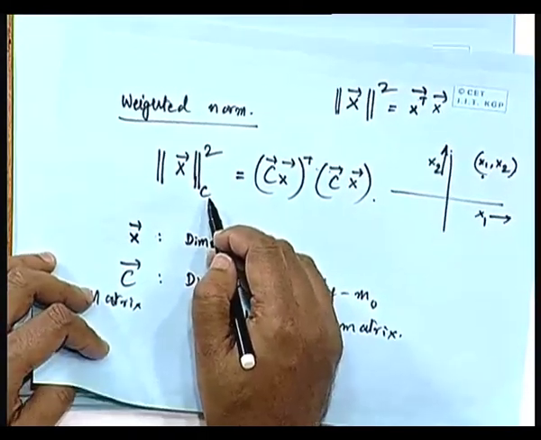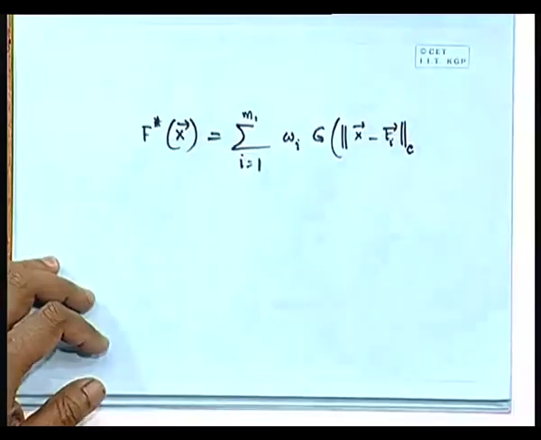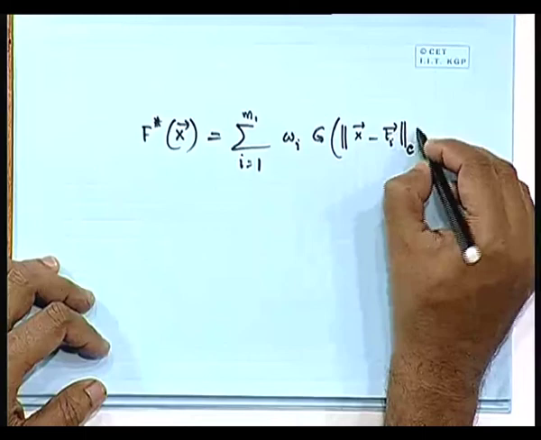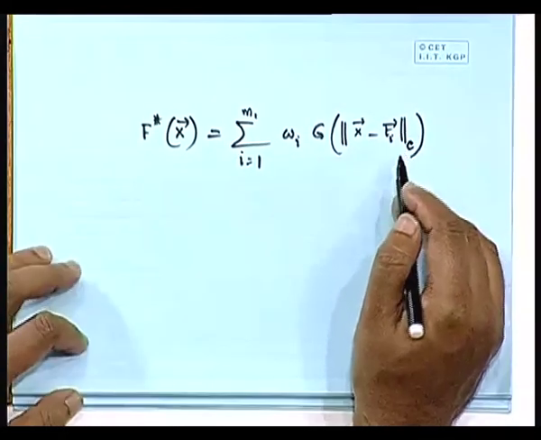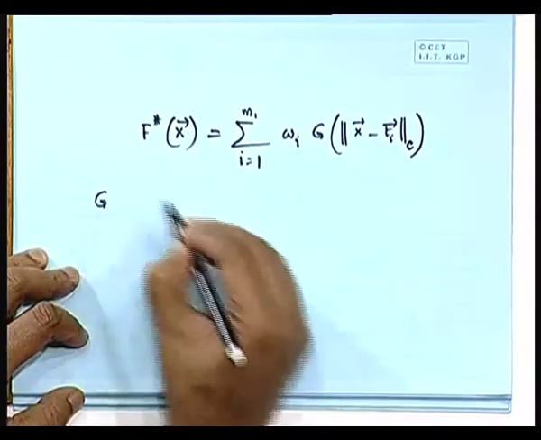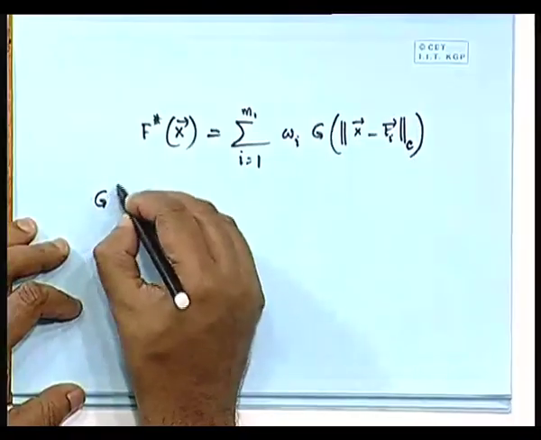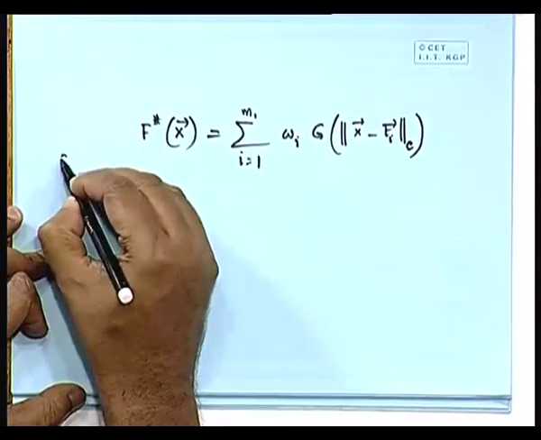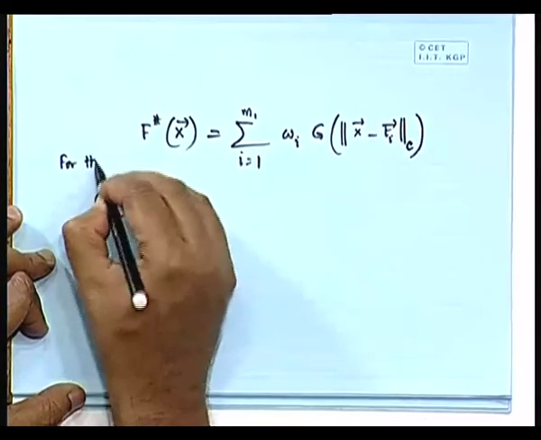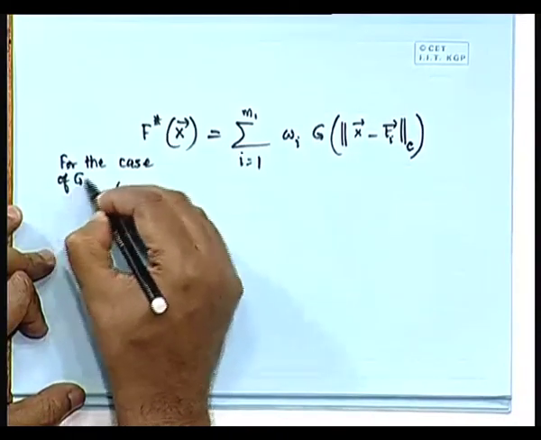That means instead of taking the Euclidean norm, we are taking the weighted norm. So the argument of the g function will be written in terms of the weighted norm, taking the case of the Gaussian function as the Green's function.